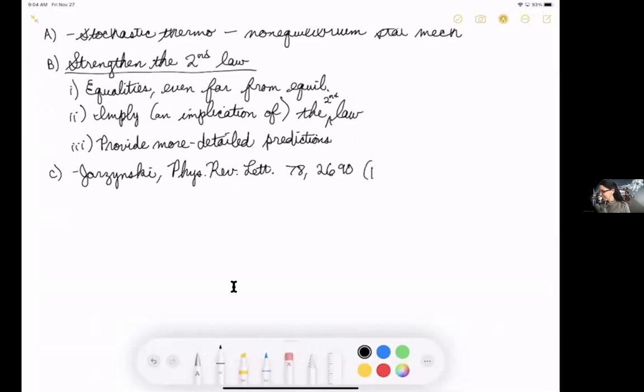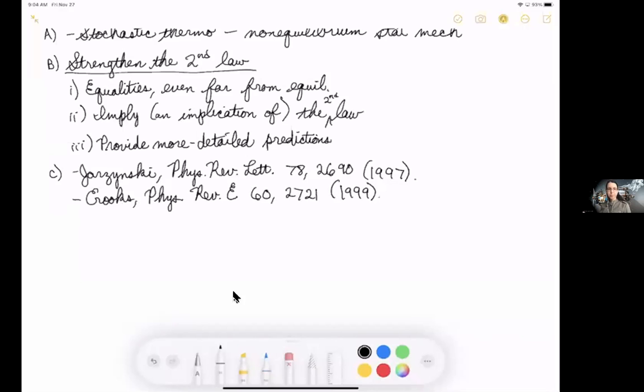He always calls it the non-equilibrium fluctuation relation. The other is Crooks' theorem, named for Gavin Crooks. These fluctuation relations concern work. Other fluctuation relations concern entropy production.